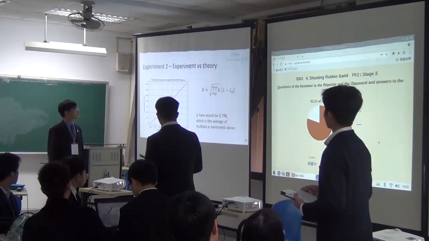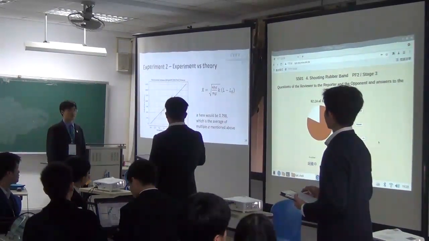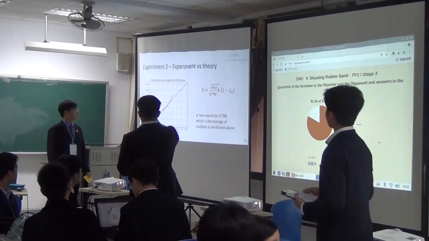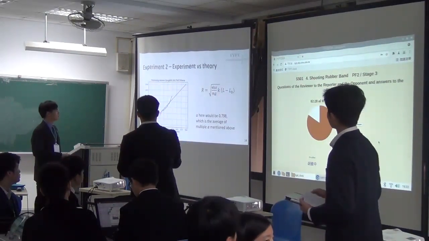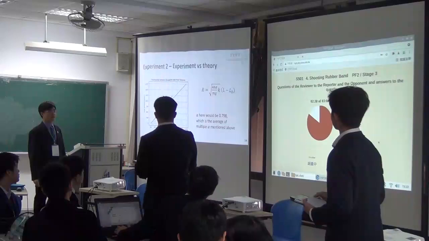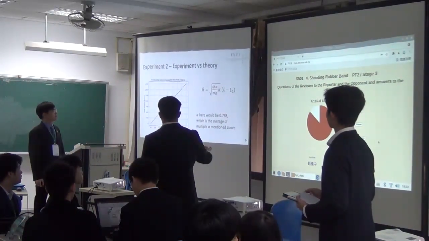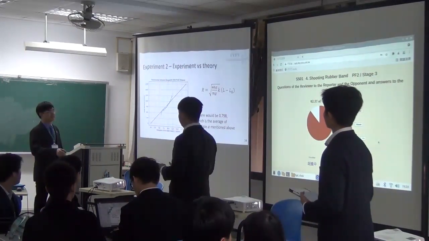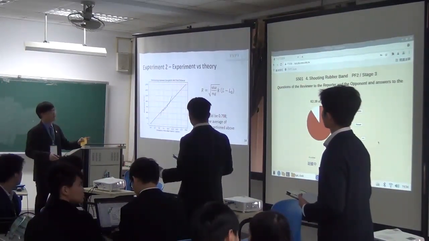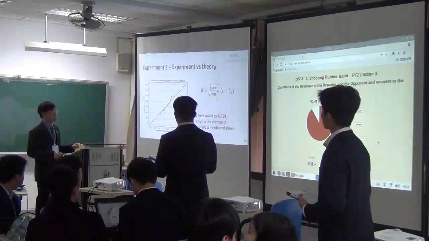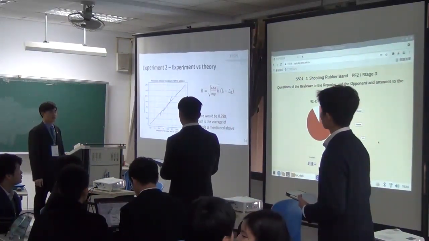Yes, so can you explain, your theory is a red line, right? Yeah. So why are your results not linear, and you still draw a linear line? So this is a theoretical line, which in theory should be linear. So how do you explain this? Is it human error?